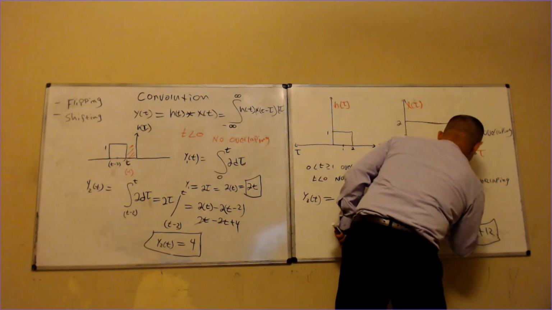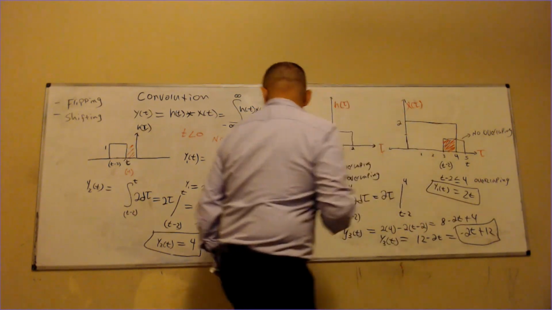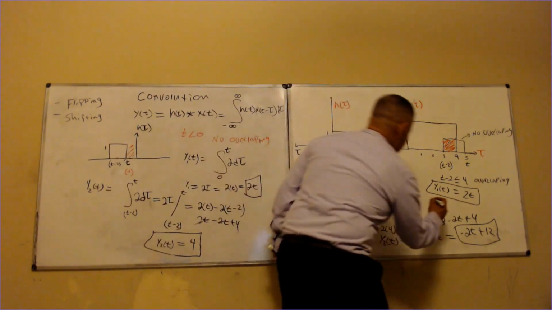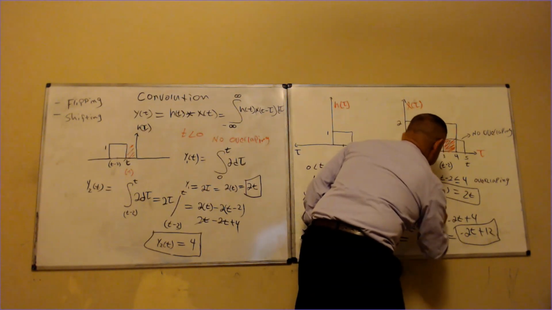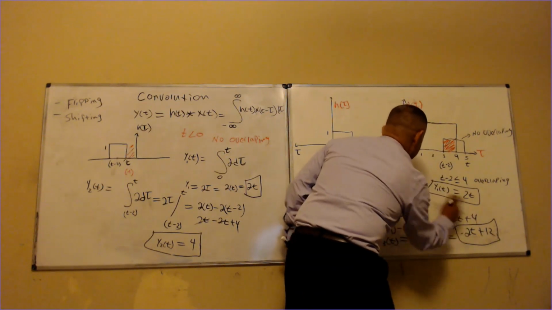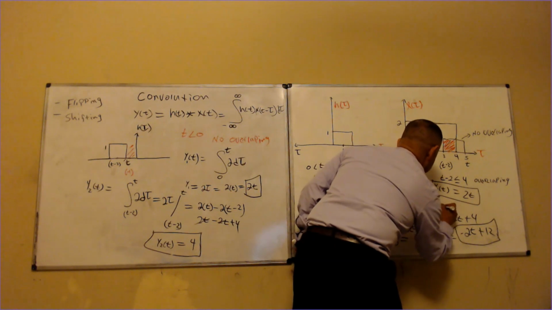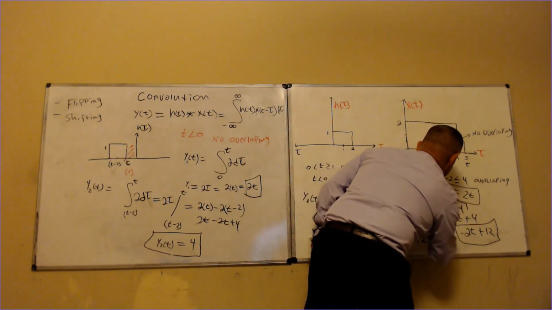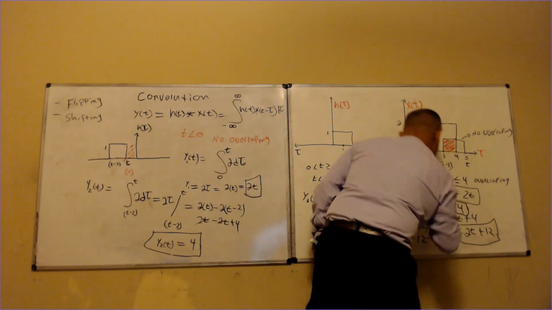So that's 1. And then y of t2 is equal to 4. I need those values. Okay.